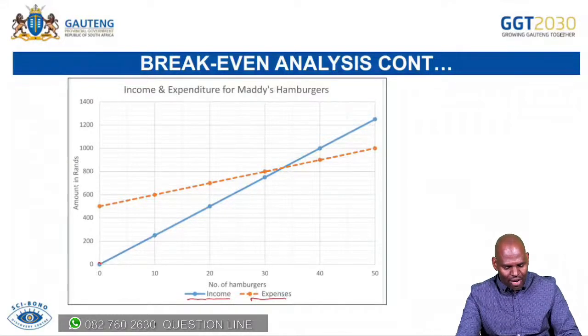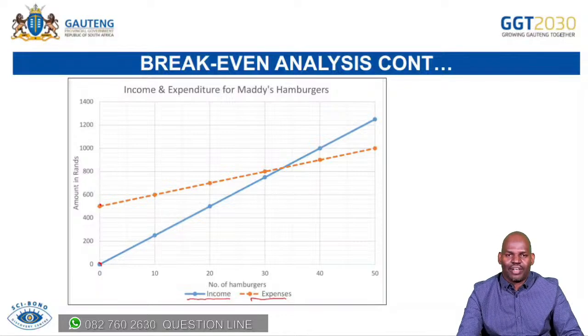But if the number of items is 0, you can see that the expenses at this point are between 400 and 600. So it means the starting point, if the number of items is 0, the expenses are about 500 rand a day. It simply means even if you don't sell anything, you still have expenses.